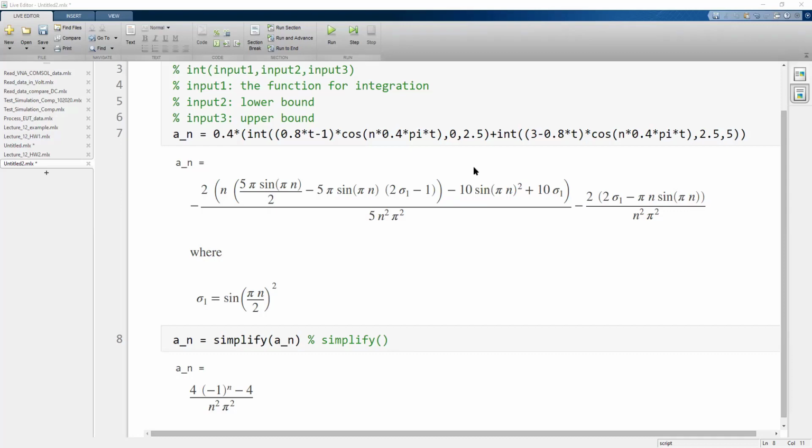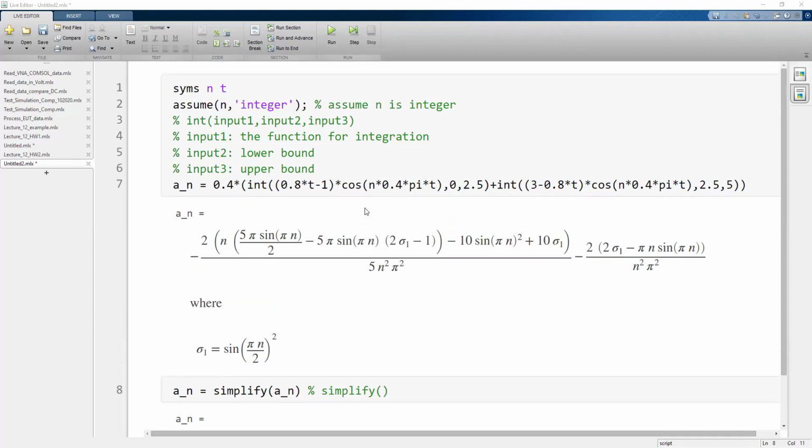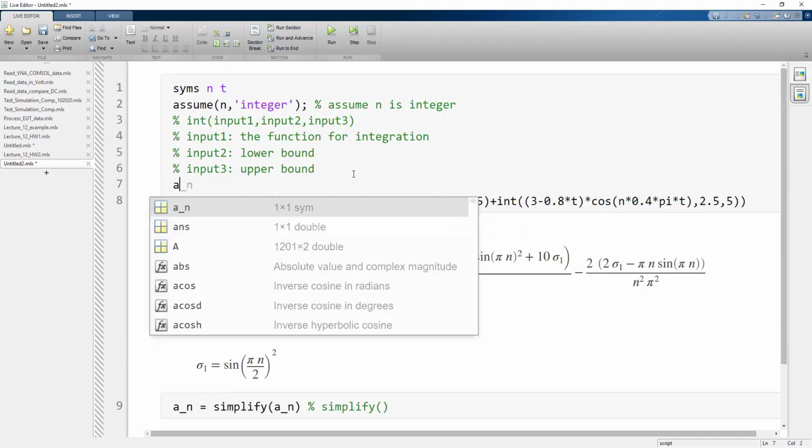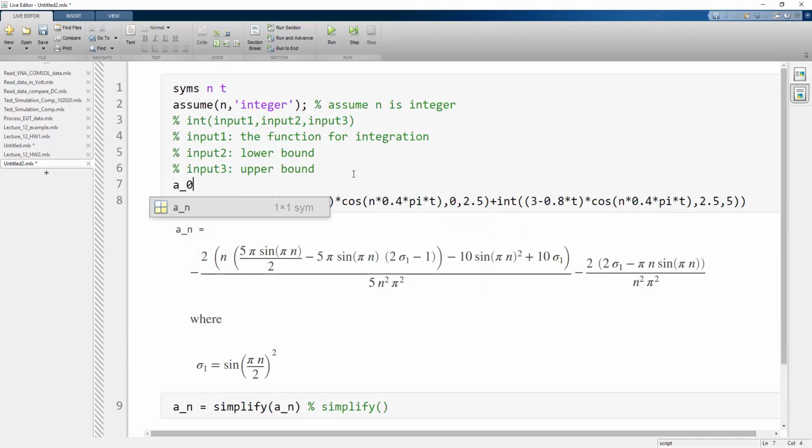All right, cool. If you want, I can give you a few examples. Since we didn't calculate a0 here, let's calculate a0. What is our a0? Let me copy and paste from the lecture notes.